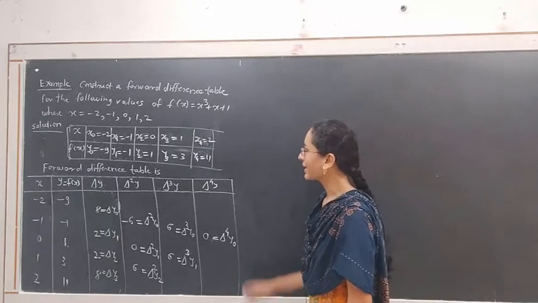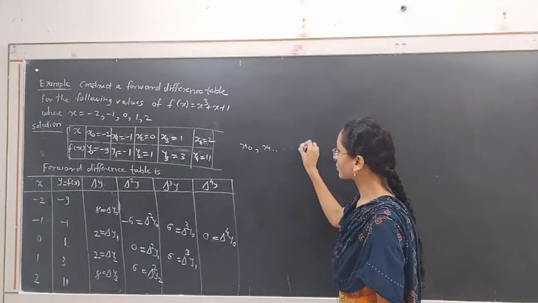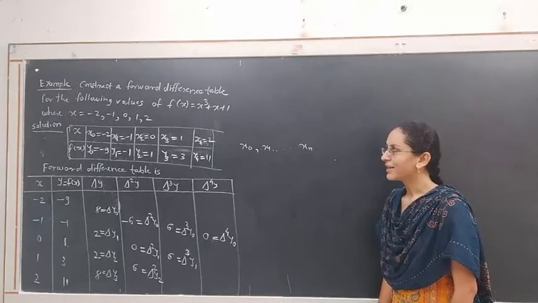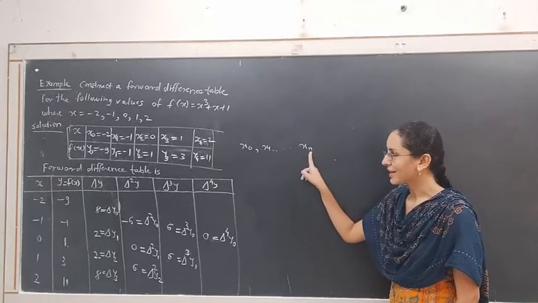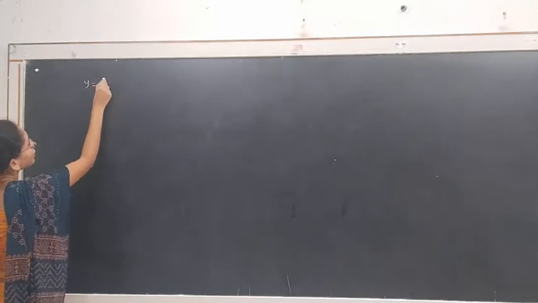Hence, if we are given the values of x as x0, x1, x2 up to xn, then the nth forward difference is 0. The equation of the curve is y is equal to f of x.